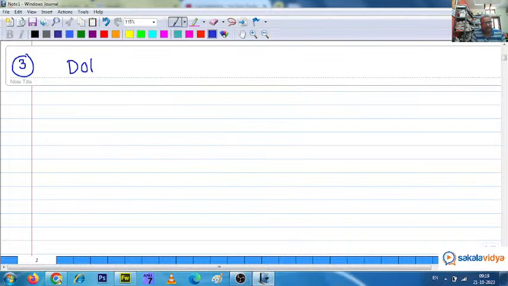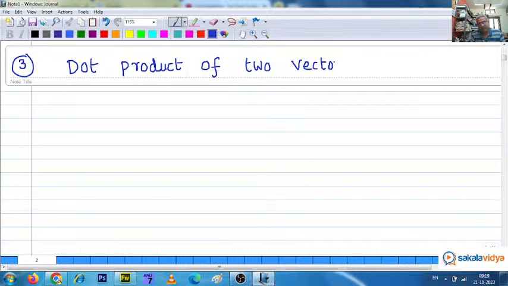Dot product of two vectors P bar and Q bar.